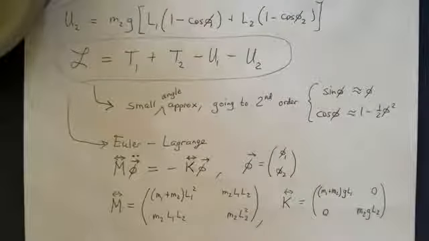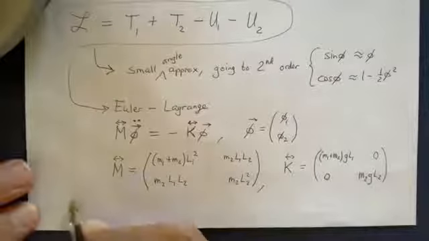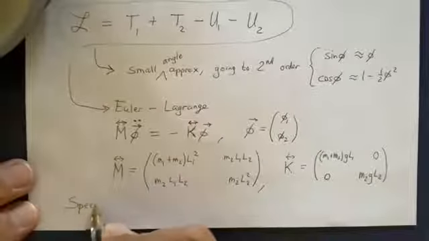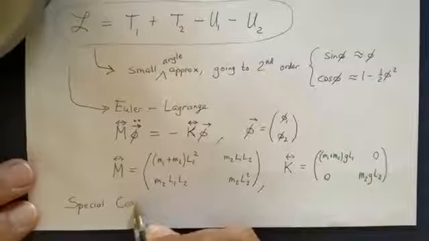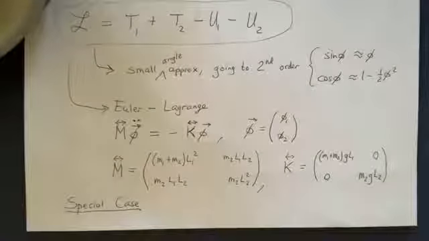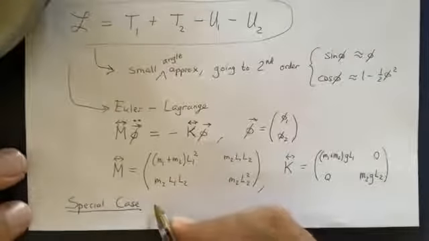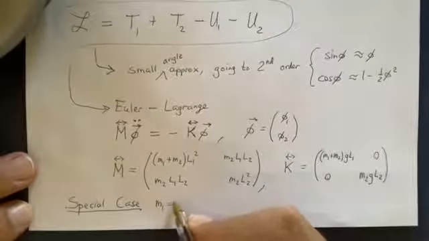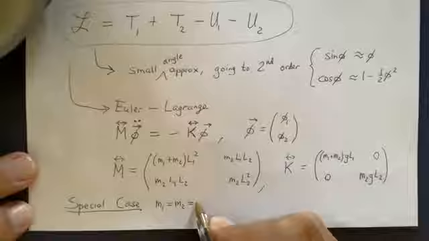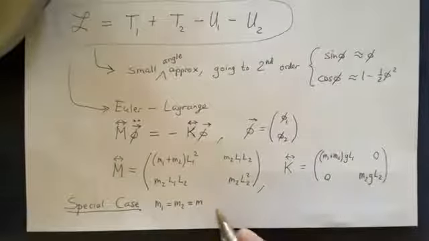This gets rather messy, so we're going to look at a special case. The philosophy here is similar to what we did earlier with the problem with the two railroad cars. We're going to assume that the two masses are equal, and if they're equal, we can just use a symbol m.